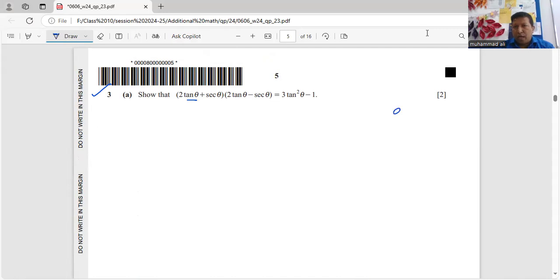We know the formula (a + b)(a - b) is a squared minus b squared. Same thing, but opposite sign. So you can write here (2 tan theta) squared minus (sec theta) squared.